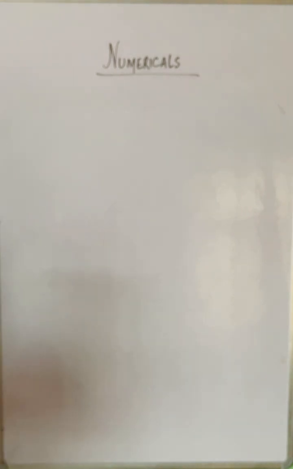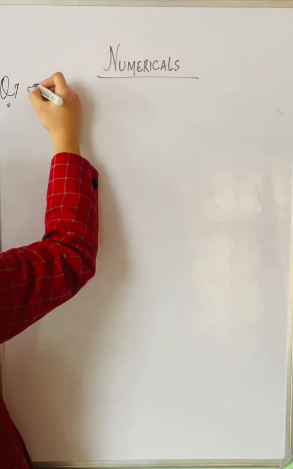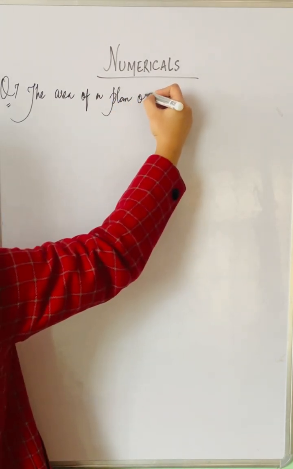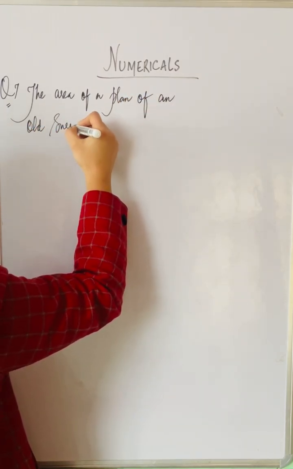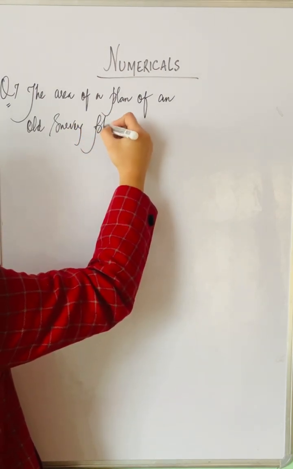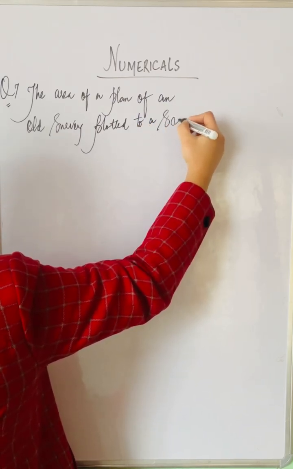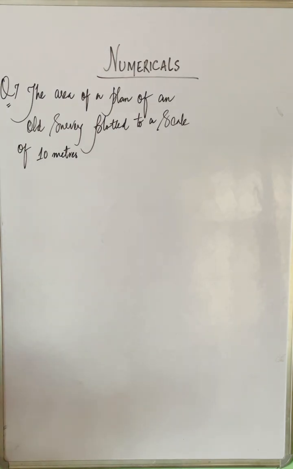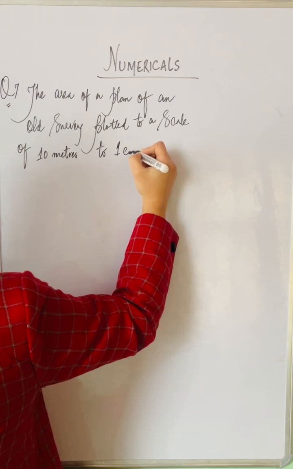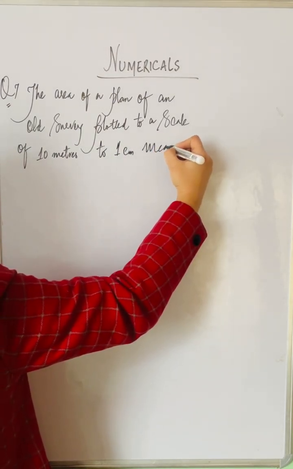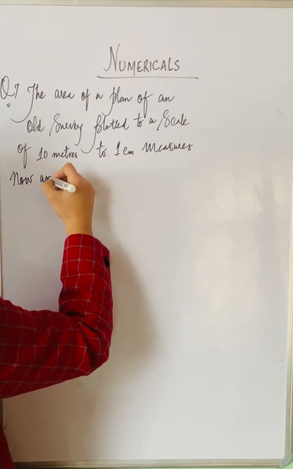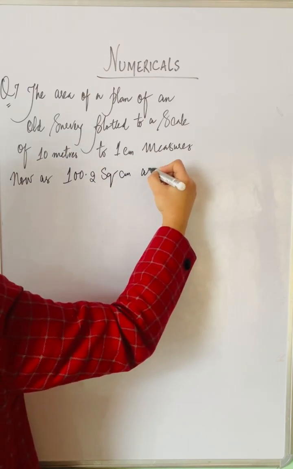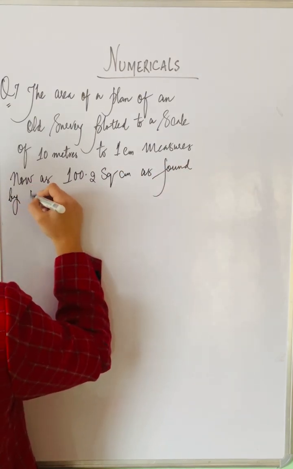So the question number 7 is the area of a plan of an old survey plotted to a scale of 10 meters to 1 centimeter measures now as 100.2 square centimeters as found by the planimeter.